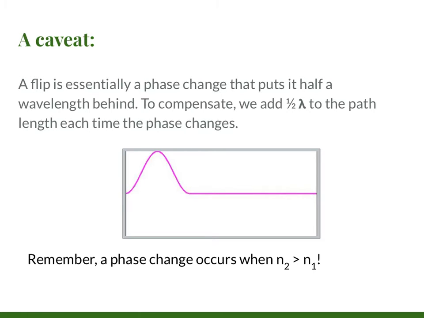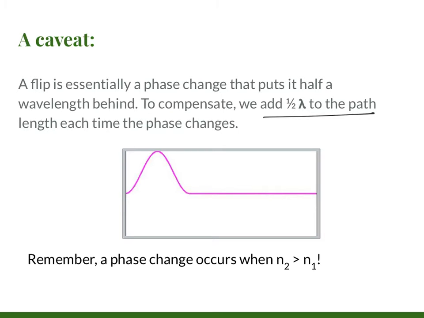And to flip a wave or put it in the opposite phase, you have to change the phase by a half wavelength. And we will do that by, for the path length of the wave, anytime we've got a wave following a path length, if there's a phase change, we add half of a lambda to the path length.